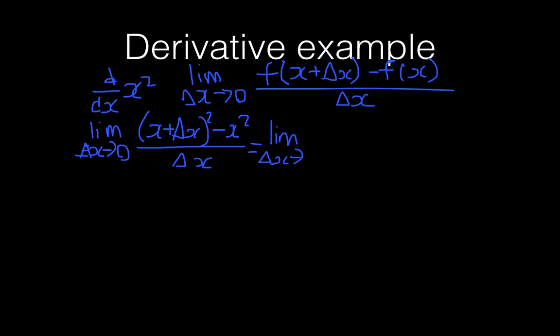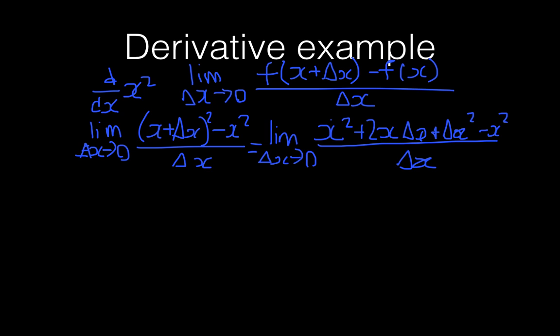So that's going to give us the limit as delta x approaches 0 of x squared plus 2x times delta x plus delta x squared minus x squared all over delta x.